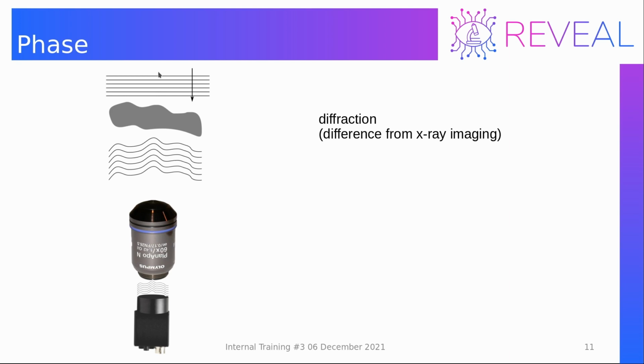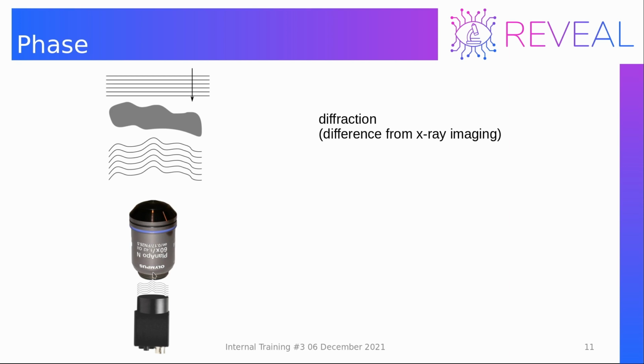In X-rays, we usually assume that the plane wave is still a plane wave when it passes through the sample, and only the amplitude changes according to some structure in the sample. When we make measurements with visible light or near infrared light, we observe that the wavefront is diffracted. It's distorted. It is no longer a set of planes.